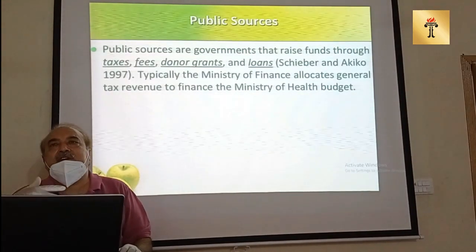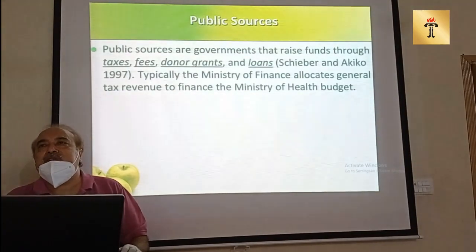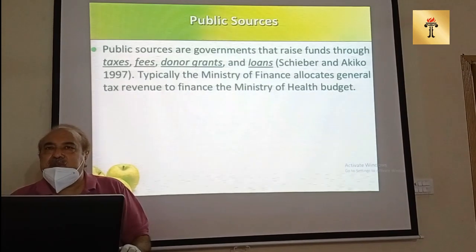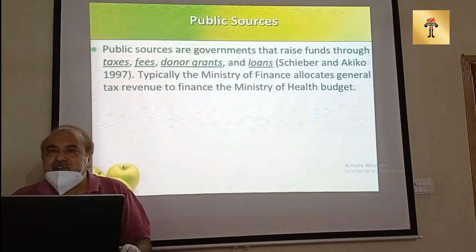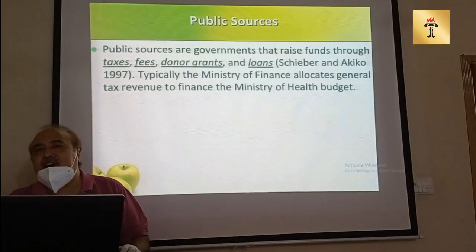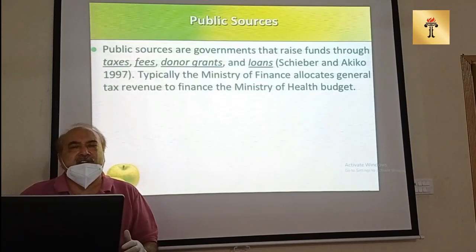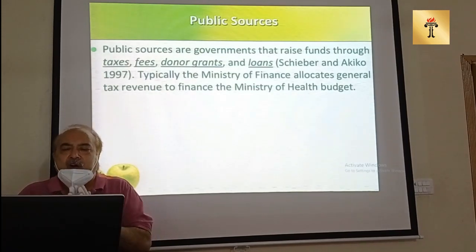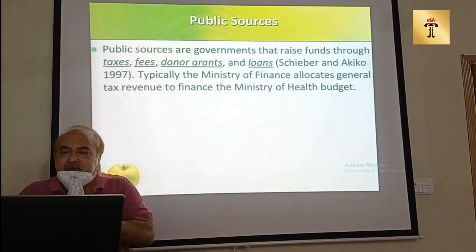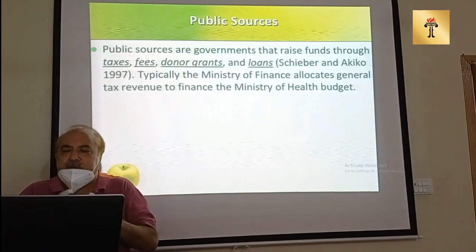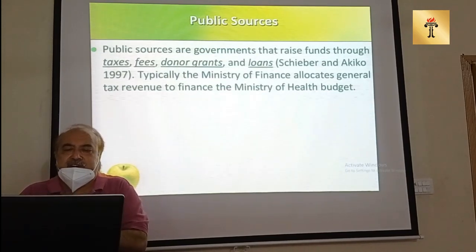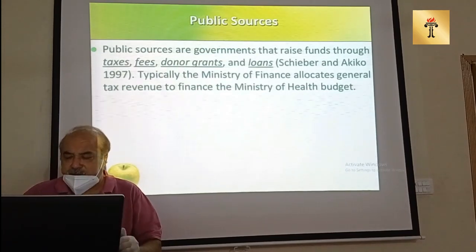And then of course there are donor grants; UNICEF, WHO, and other agencies provide us grants for our budgets, of which the health budget is a part. Then there are certain fees and taxes and all that government levies. All this contributes to the budget allocation for the health department.